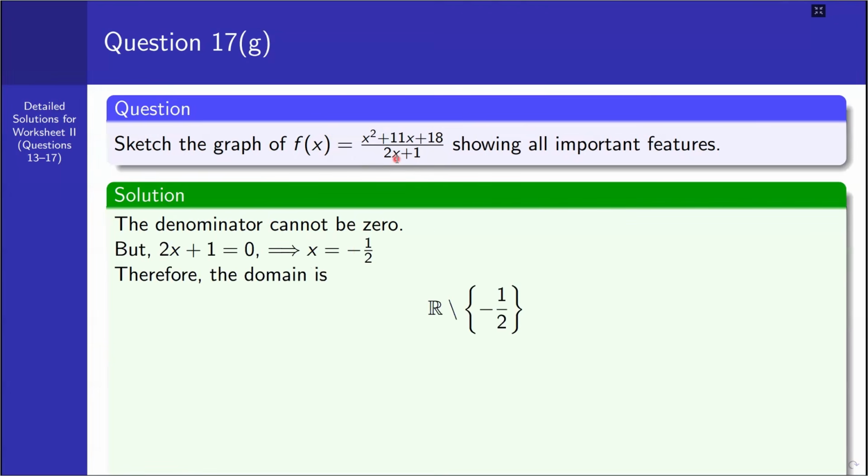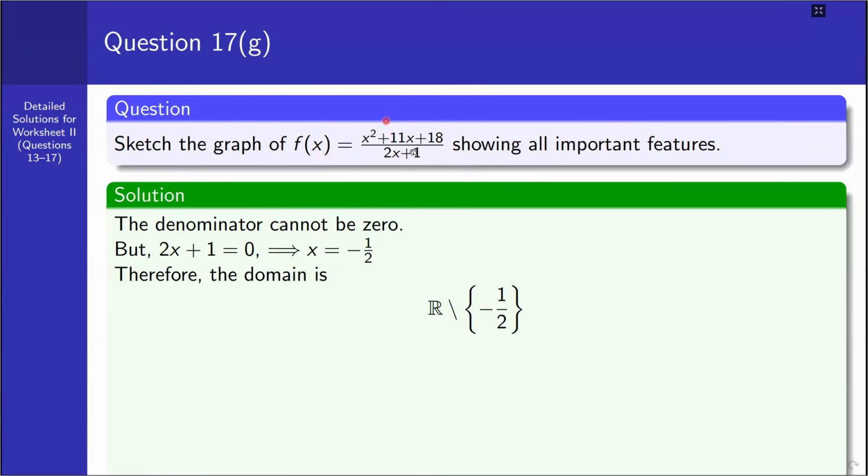Therefore, the domain is the set of real numbers without negative 1 over 2. The domain is very important for the graph of the given rational function. So if there is a vertical asymptote, it can only be x equals negative 1 over 2. How do we know whether it has one or not?